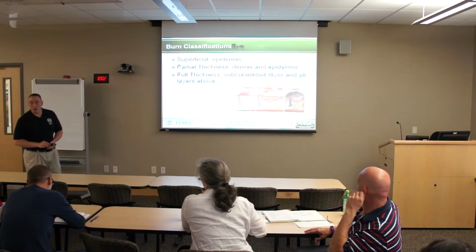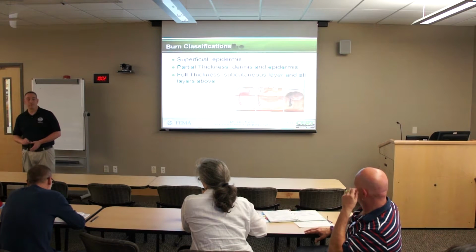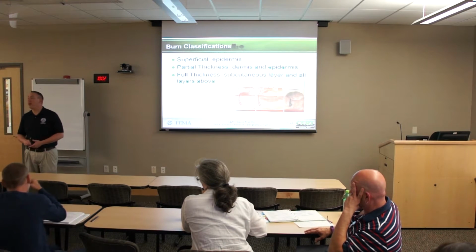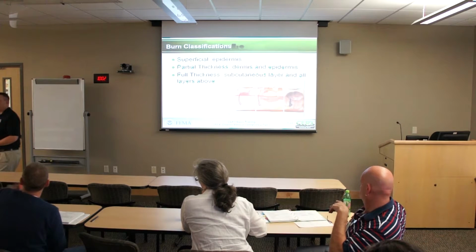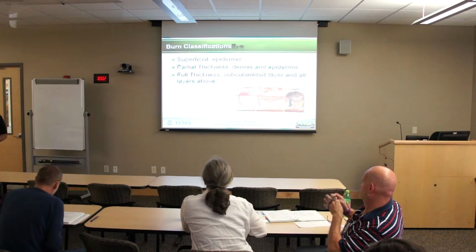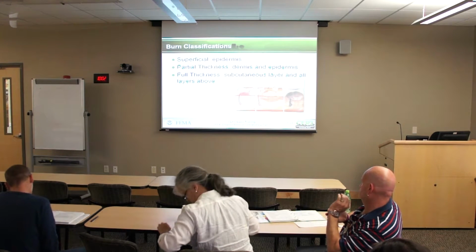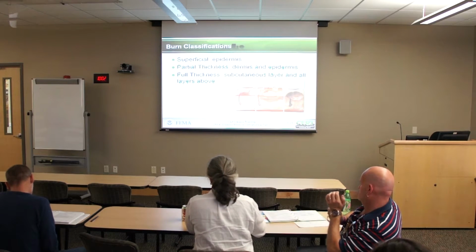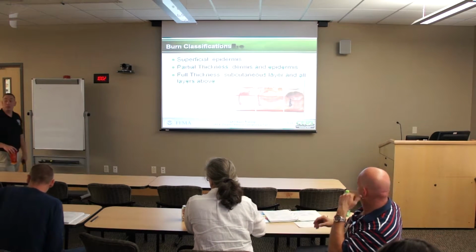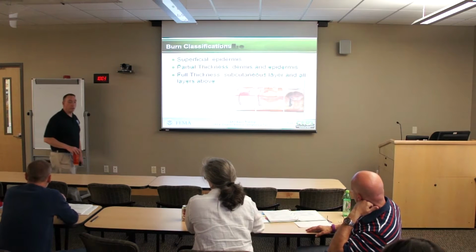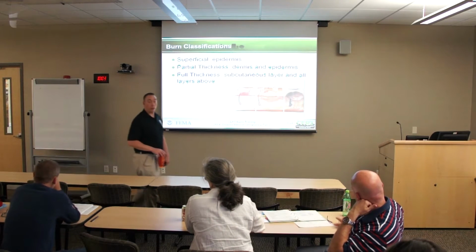If you've never smelled burning human flesh, it's not a smell you'll forget. And these are the ones that they may not even really feel this burn. It won't be that painful to them. The reason why is because all the nerves in that area have just been burned.